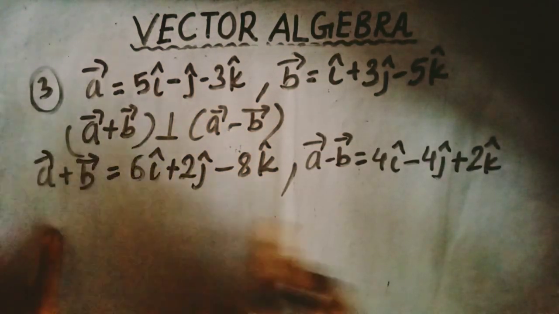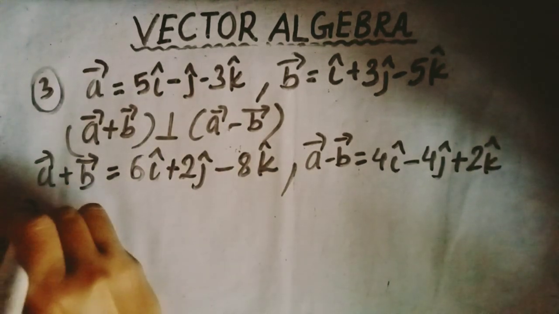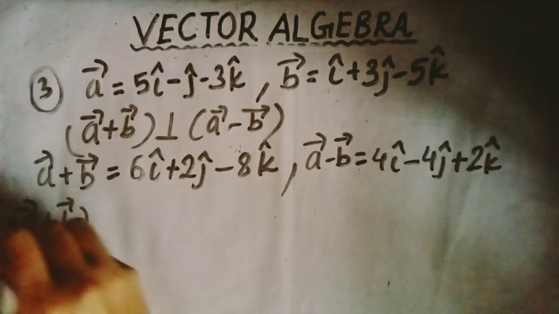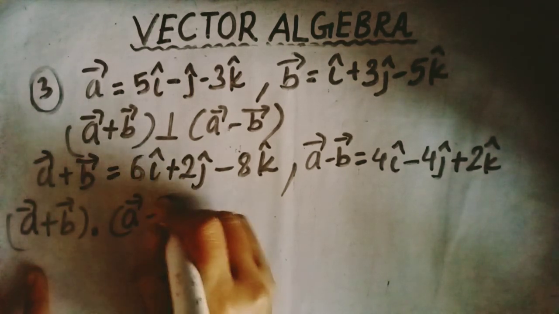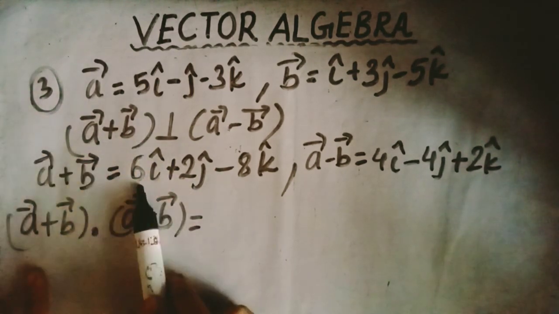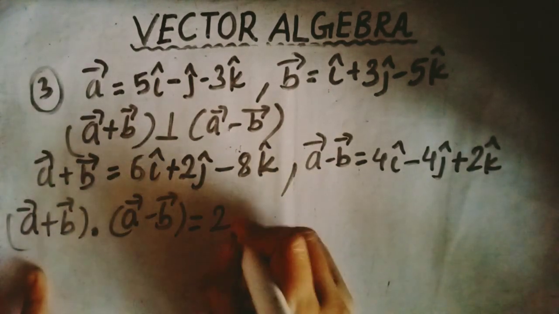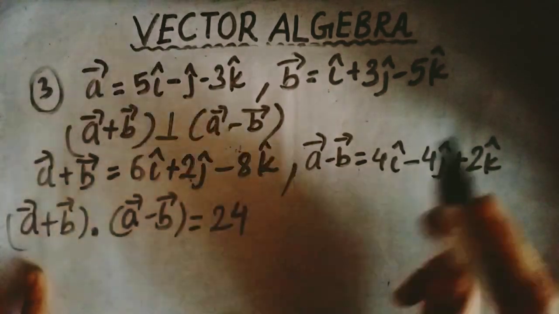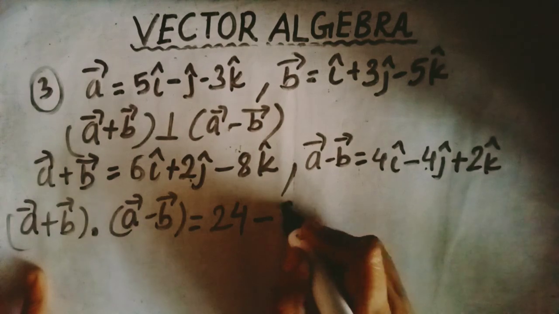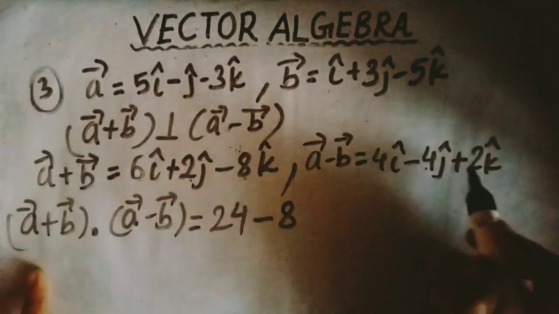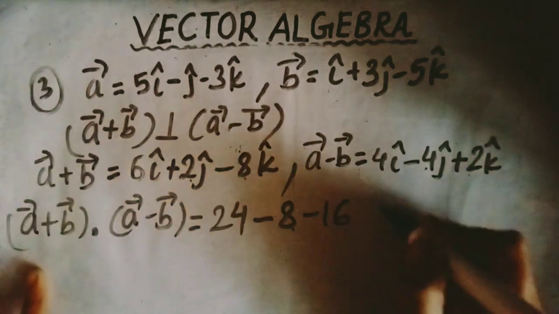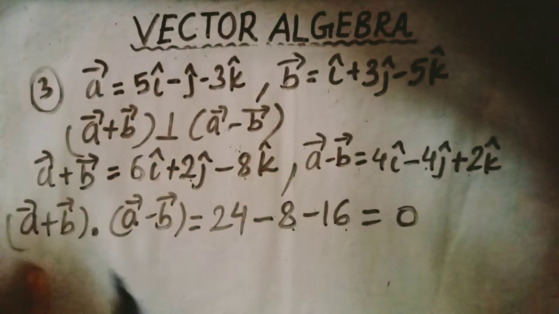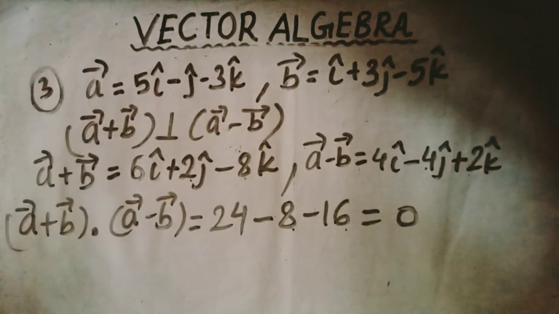Okay, so these are the vectors. Now take the dot product. Six into 4, 24, then 2 into minus 4, minus 8, and minus 8 into 2, minus 16. So 24 minus 8 minus 16 is equal to 0. So these vectors are perpendicular.